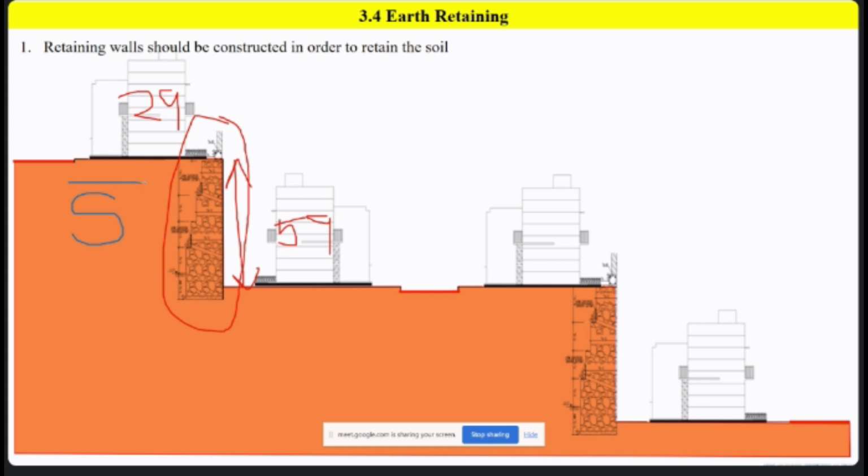So on this side there will be an earth pressure. Lateral earth pressure is undergone. Okay, this is a lateral earth pressure. Definitely you need to consider the active side as this side. This is your active side and this is your passive side.